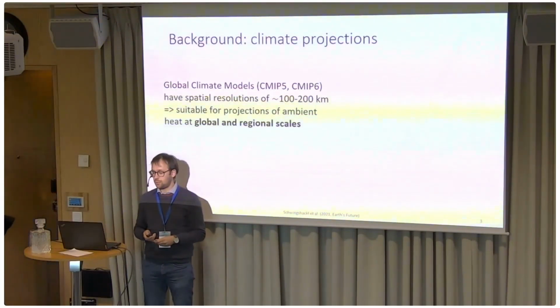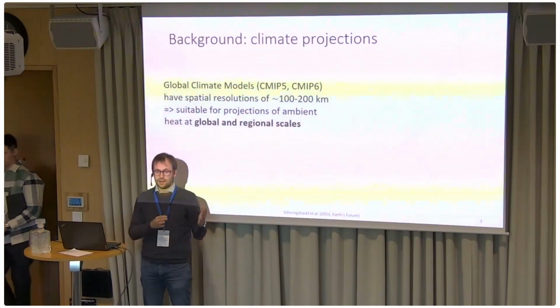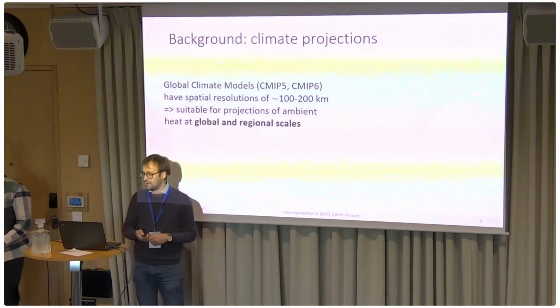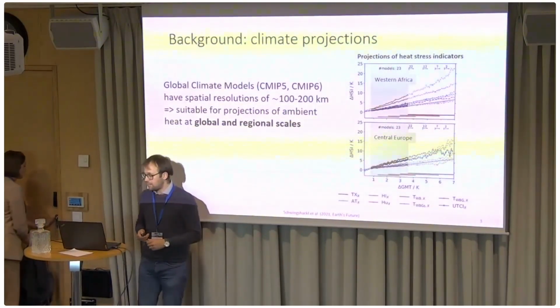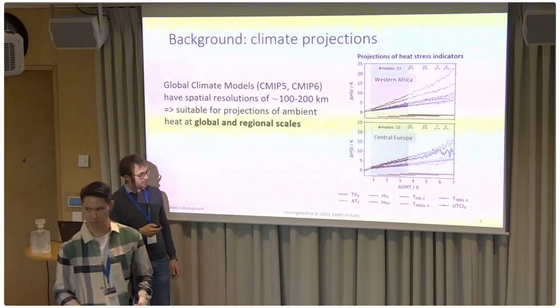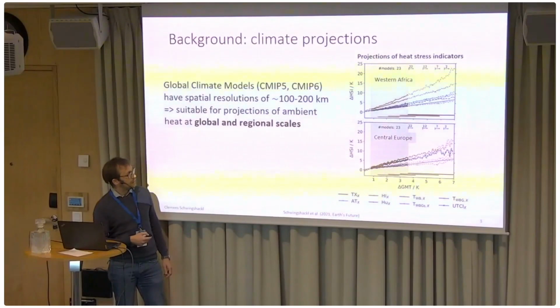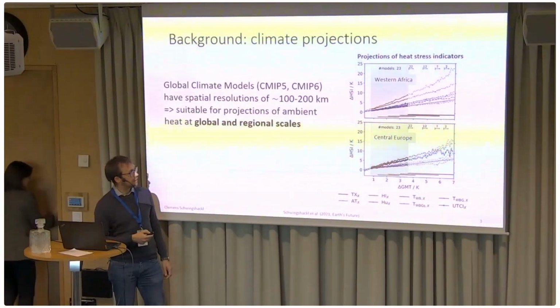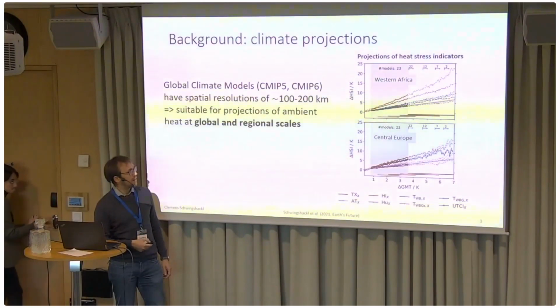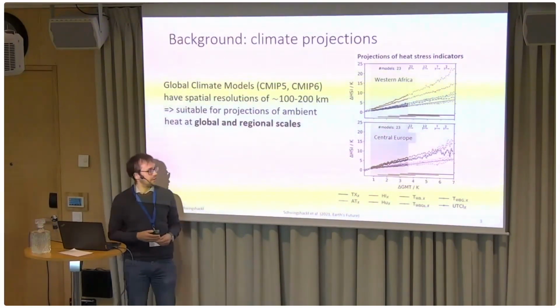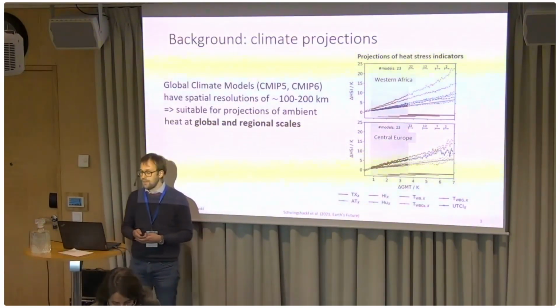So this is suitable for projections of ambient heat at global or regional scales. I'll just show you an example for 2 regions from a study of mine. We looked into different heat indicators, and the orange and red lines here are the NOAA heat index and humidex. You see clearly that in these 2 regions, they have very different trends.